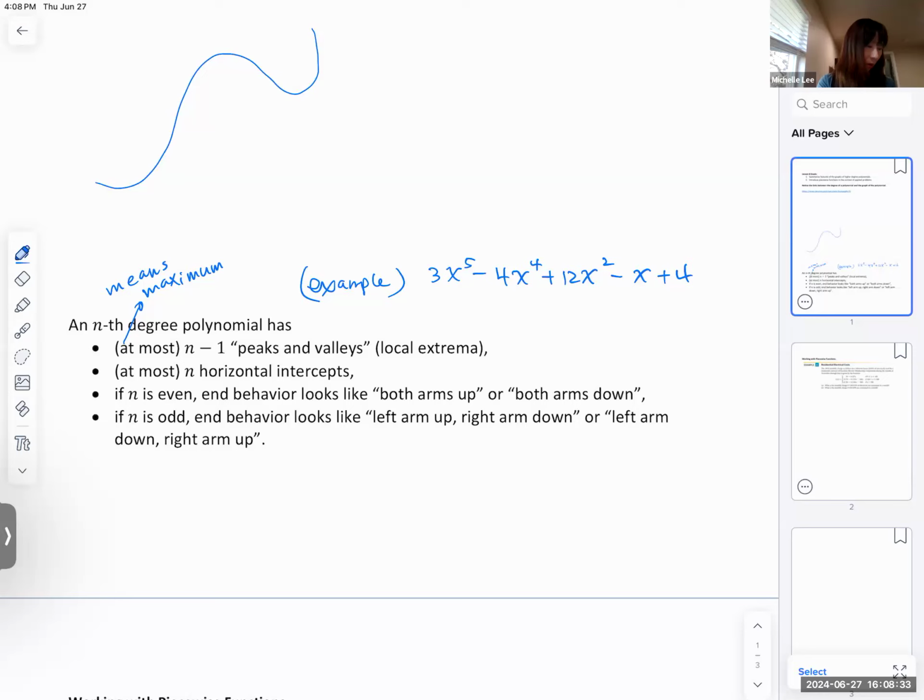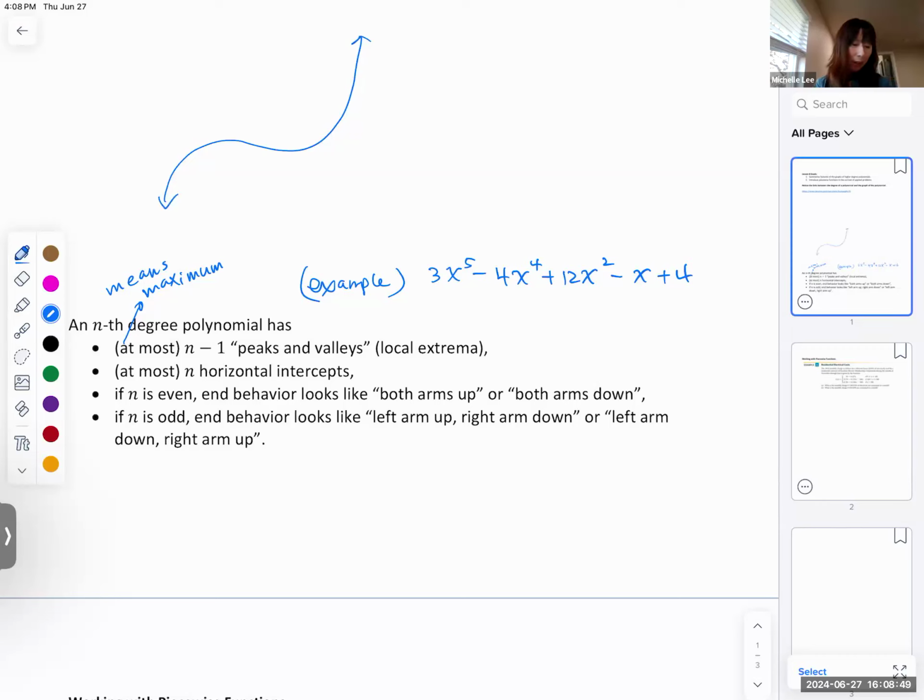A little bit ugly. Forgive me. How about that? Better, right? This is a peak. This is a valley.